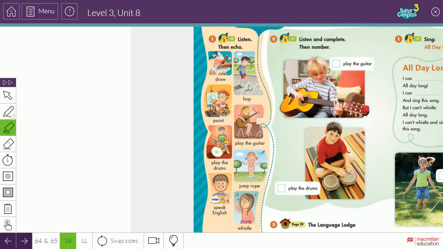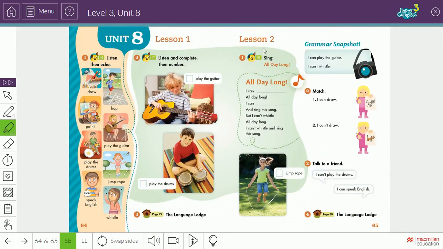So draw, hop, paint, play the guitar, play the drums, jump rope, speak English and whistle. So let's move to this song and listen to it. But before, look at what these children do.